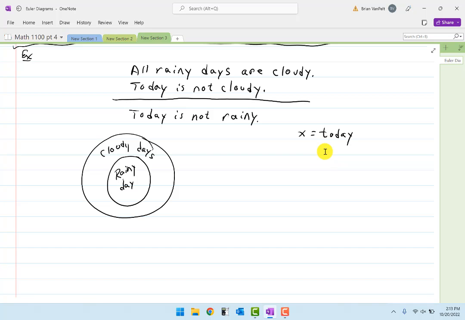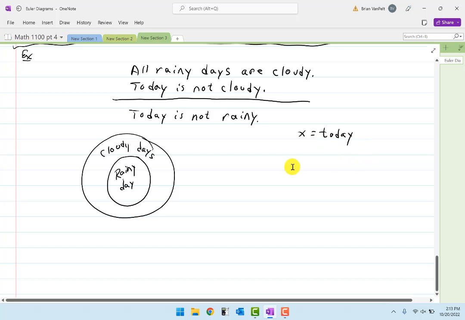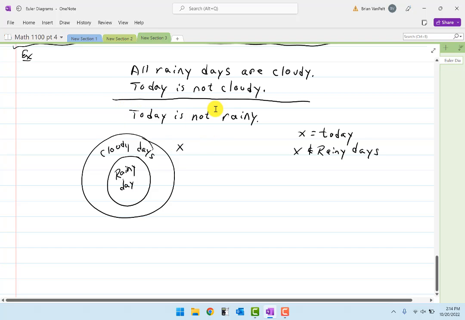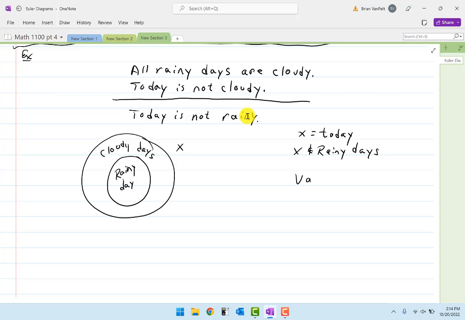It says today is not cloudy. So it means that it must not be inside of the cloudy days circle, so X is out there somewhere. Well, that definitely means that X is not in rainy days, which was exactly what this line here was telling us. It says that X is not in the set of rainy days, or therefore X is not rainy, and so this argument is valid.